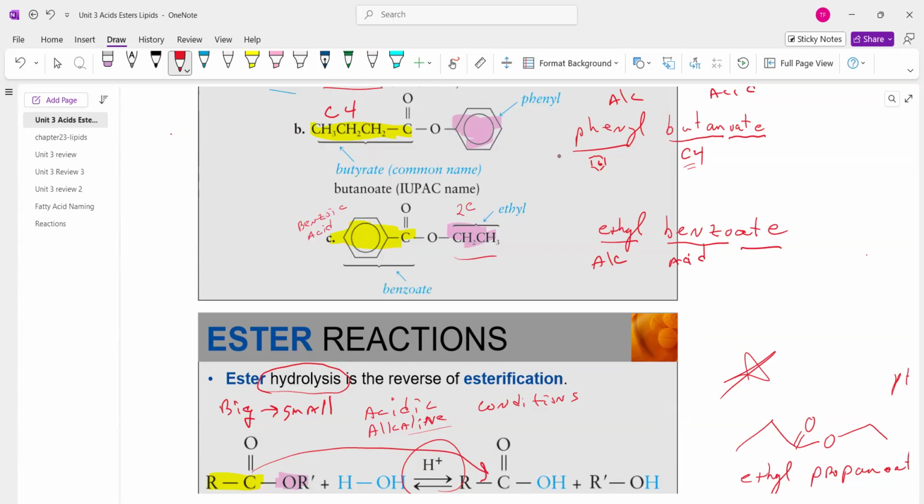This would come from ethanol. So to name it, we go alcohol first, so that's ethyl. Next comes from the acid, so instead of benzoic acid, we're going to say benzoate. So it's ethyl benzoate.